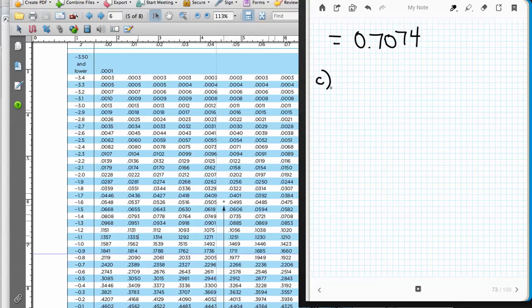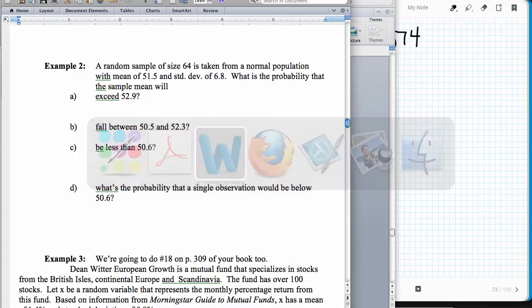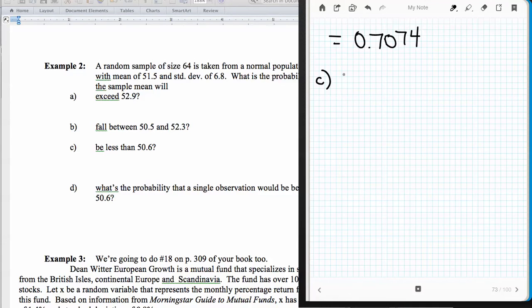Now for part C, I want my average to be less than 50.6. Again, I'm going to standardize. This is the picture that I'm looking at, right? I'm going to have some z over here, and this is the z that I want to be less than.